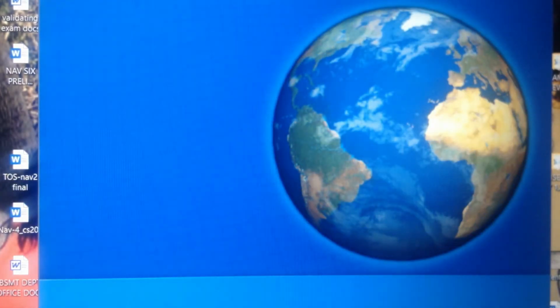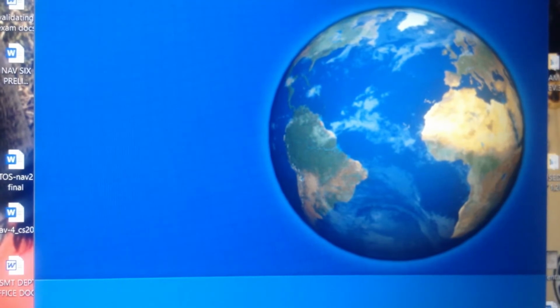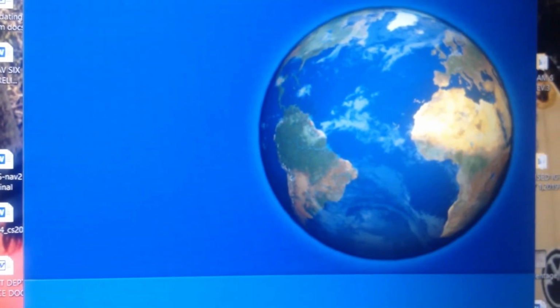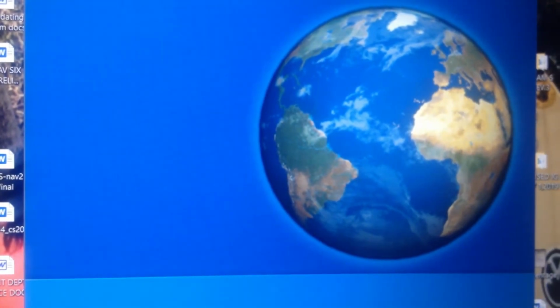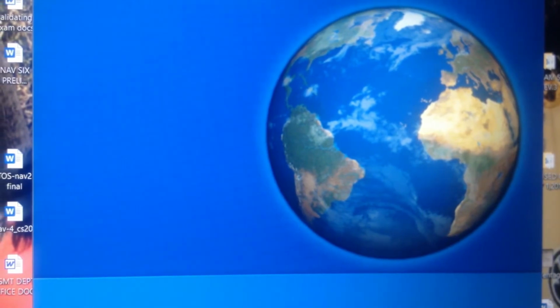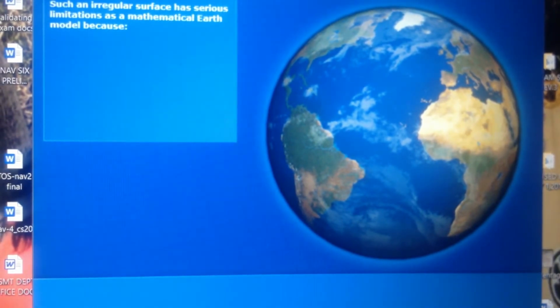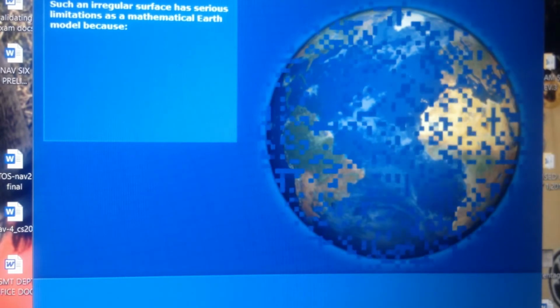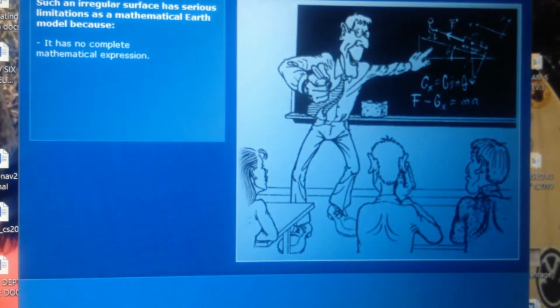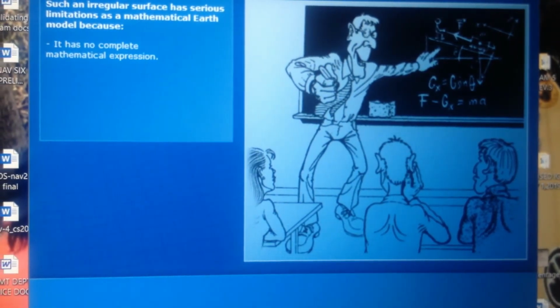Since the geoid refers to the actual size and shape of the Earth, the uneven distribution of the Earth's mass makes the geoidal surface irregular. Such an irregular surface has serious limitations as a mathematical Earth model because it has no complete mathematical expression.